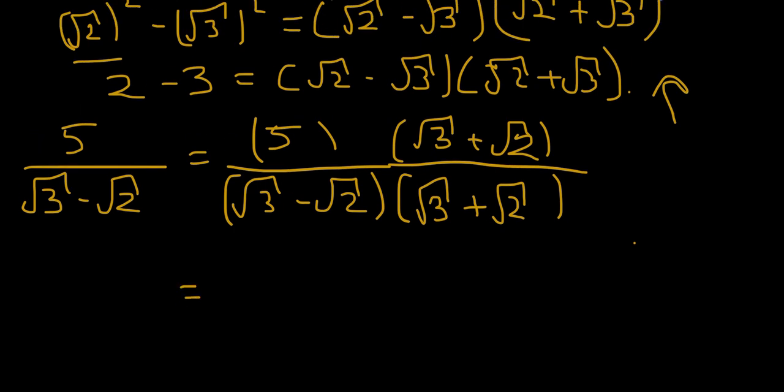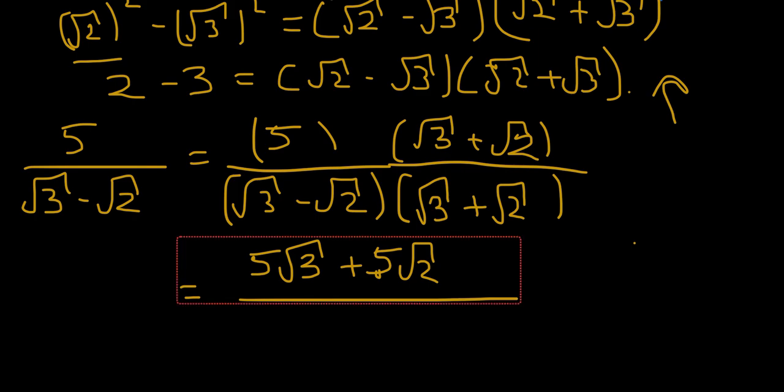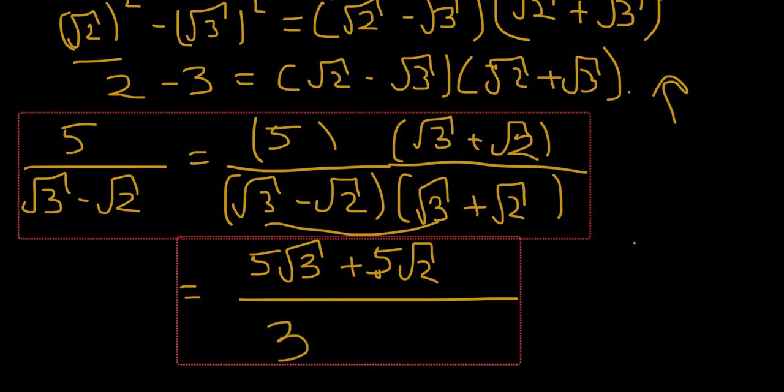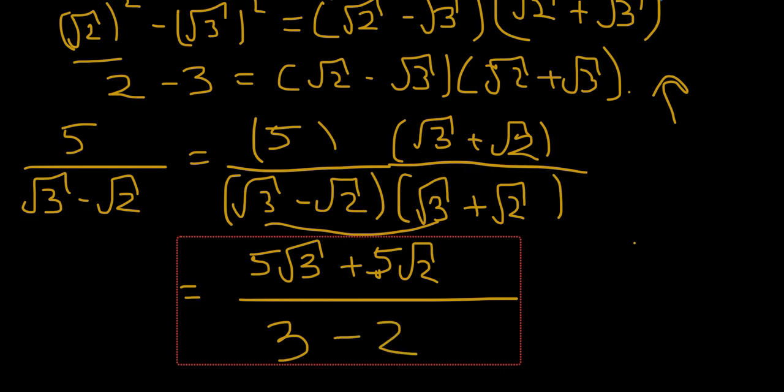So on the top, we're going to get 5 root 3 plus 5 root 2. And on the bottom, this square root of 3 will multiply by the square root of 3, and we'll get 3. And then we'll get minus 2. Because if we did this out properly here, let me just do it.